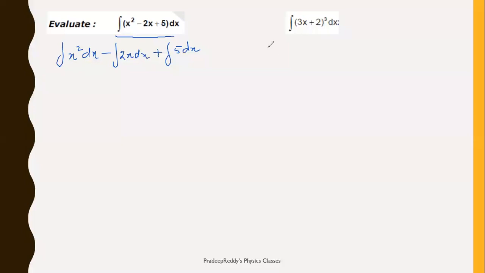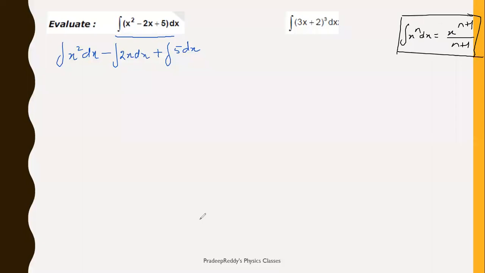Now we have the basic rule: integration of x power n dx is equal to x power n plus 1 divided by n plus 1. This is the formula which we will be using in this case.